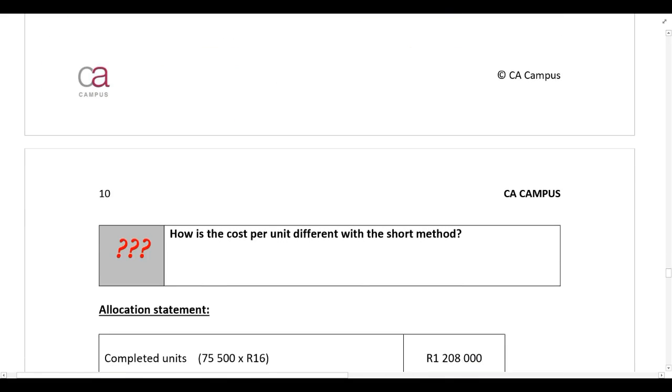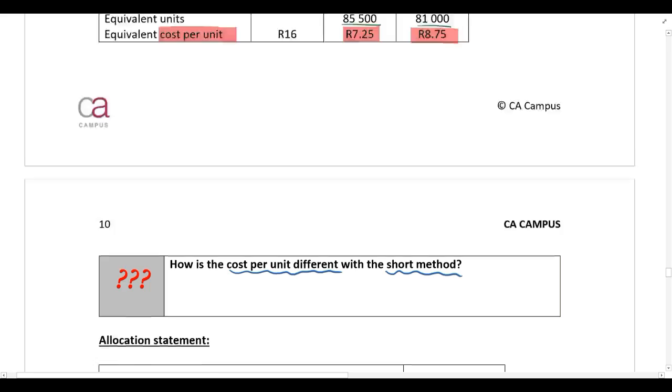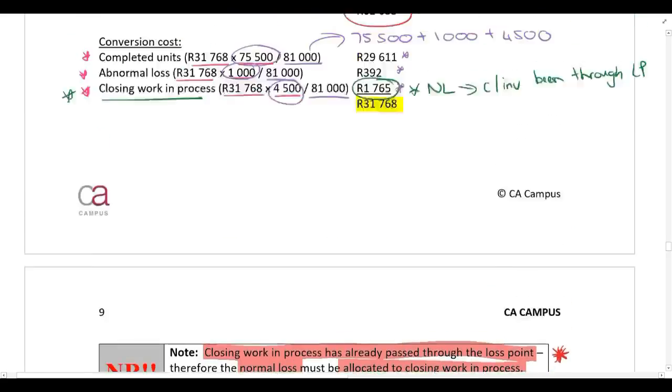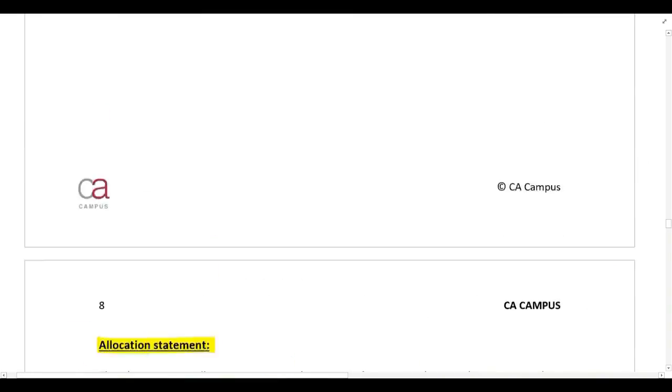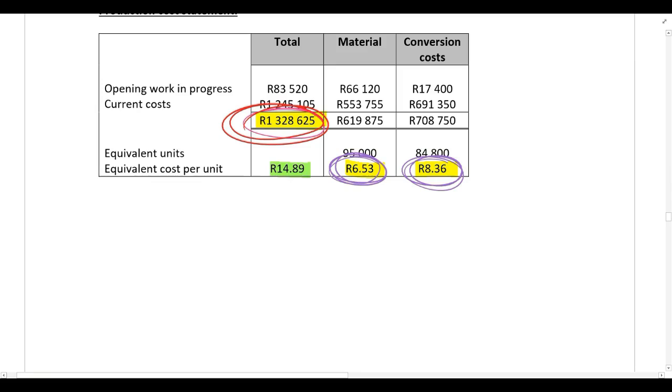Then what I want you to do over here, guys, is how is this cost per unit different when we are now looking at the short method? So if you go back to the long method, when we did the calculation for the long method, we valued our inventory for material at R6.53 and for conversion at R8.36.